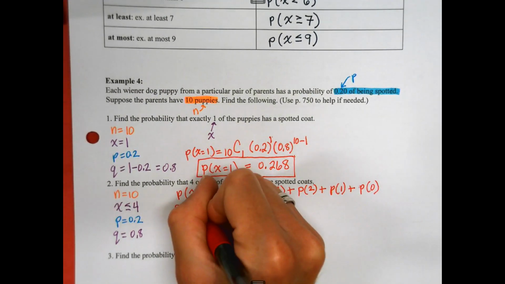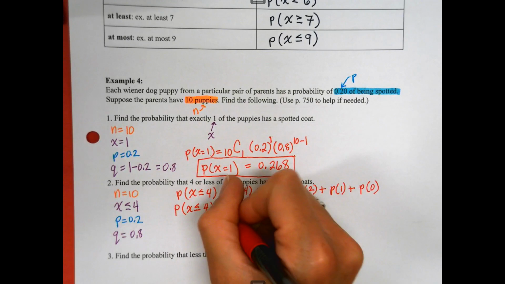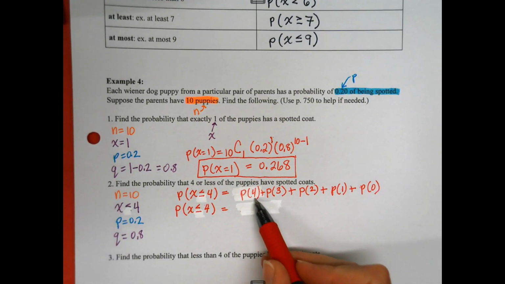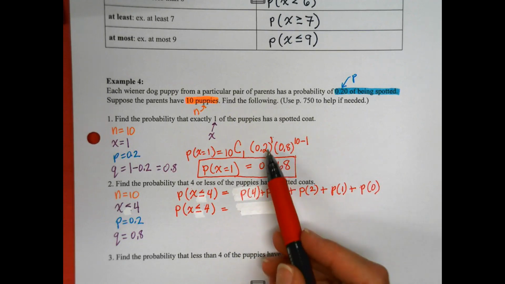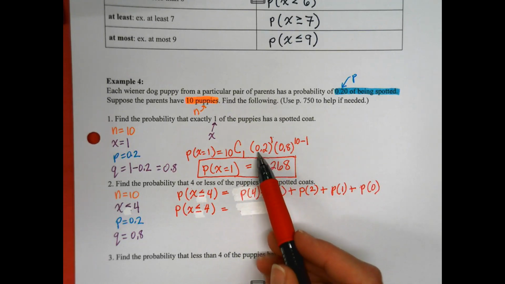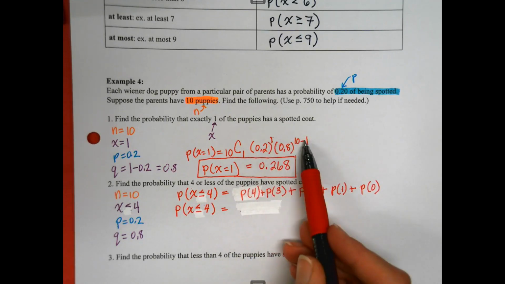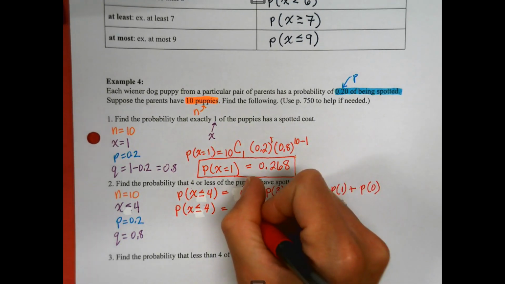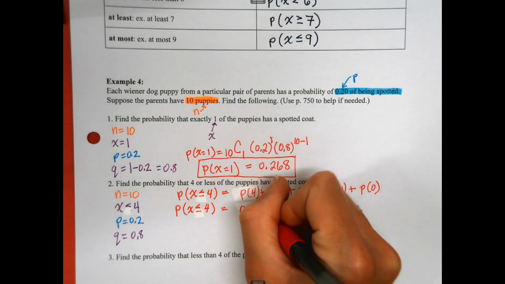Essentially, this is just a lot of work for our calculator. All we have to do now is substitute x being 4 into our binomial probability formula. So up here, our 1s are going to change to 4s. And when we do that, we end up with a probability of 0.088.